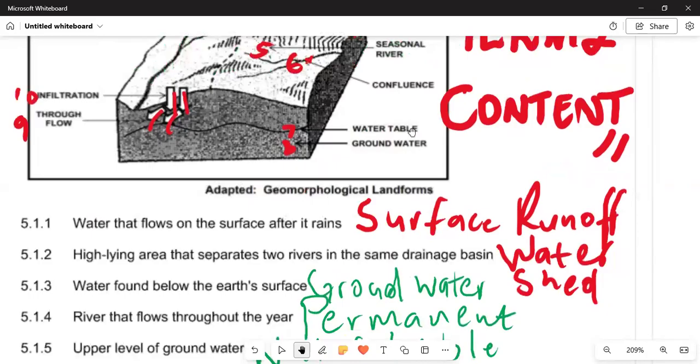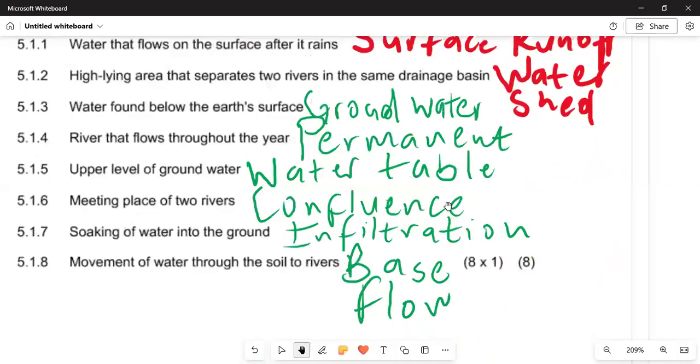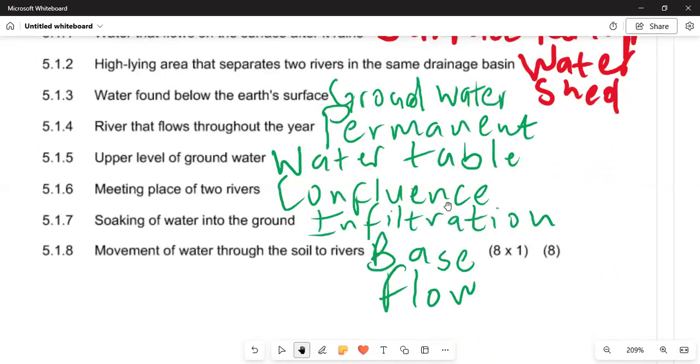All right. And then moving on, we've got 5.1.7, soaking of water into the ground. That is called infiltration. We are saying that the water would infiltrate in the ground, because if ever there is an absence of vegetation, there is an infiltration that is going to take place.